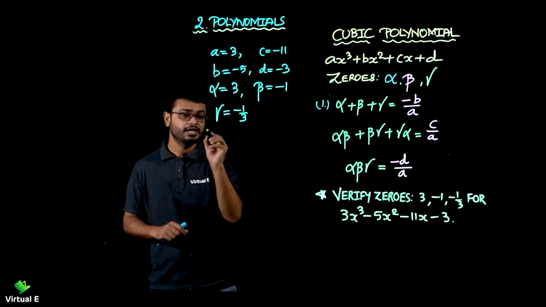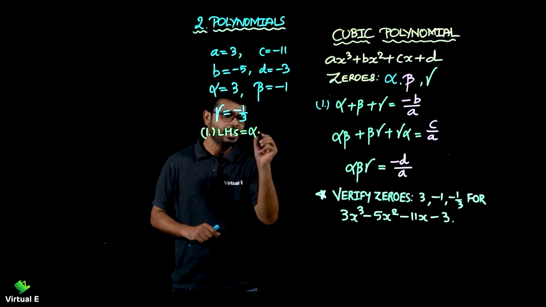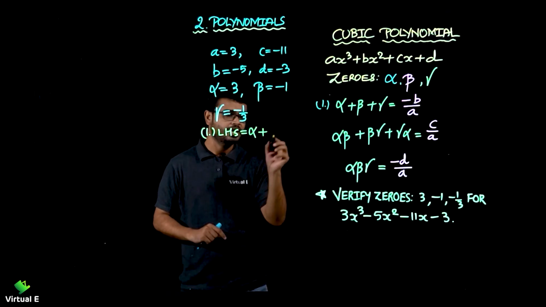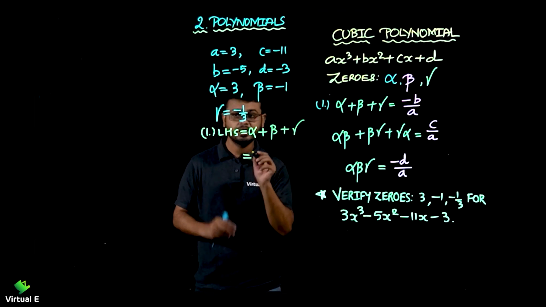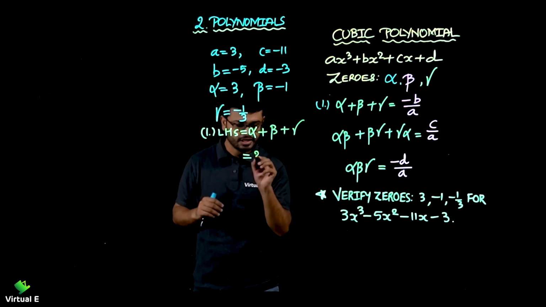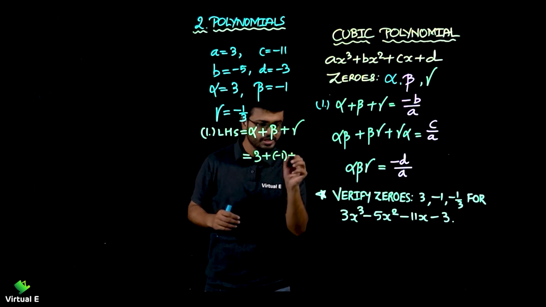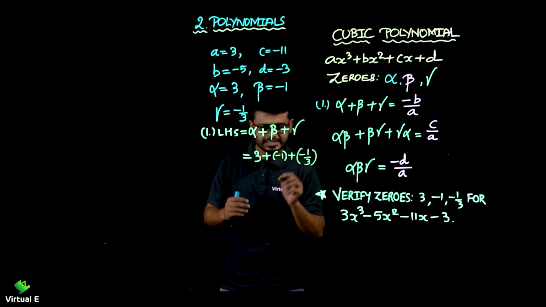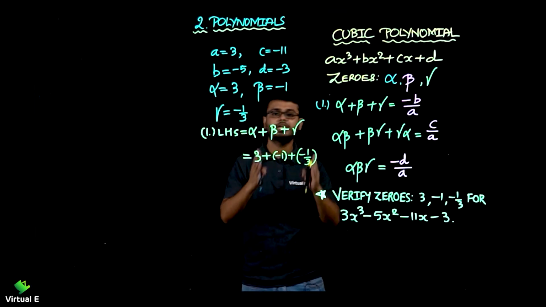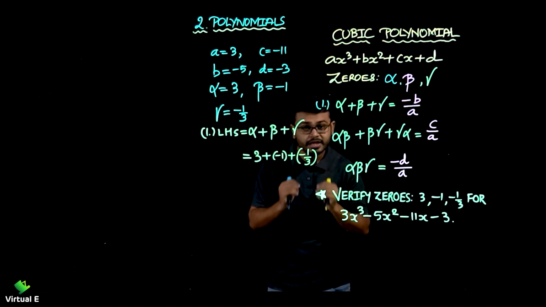Let's start with the LHS. LHS is what? We need to add all three zeros, alpha plus beta plus gamma. What is the value of alpha? 3. What is the value of beta? Minus 1. What is the value of gamma? Minus 1 over 3. So you can see there is a fraction over here. We need to take the LCM, right? What is the denominator? Only 3 in the denominator.